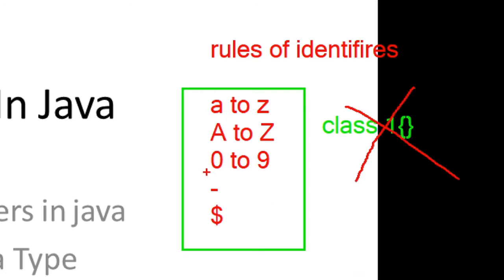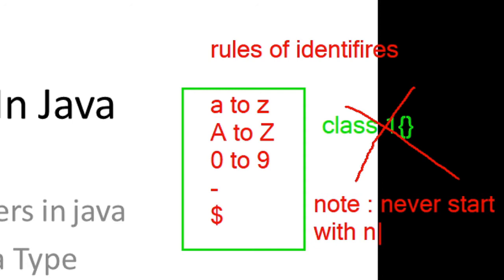Yes, it could be 0 to 9, but identifiers never start with a number. Always remember this rule.